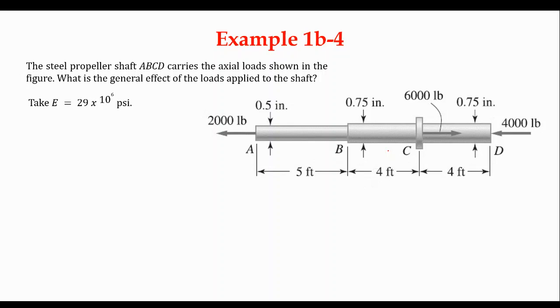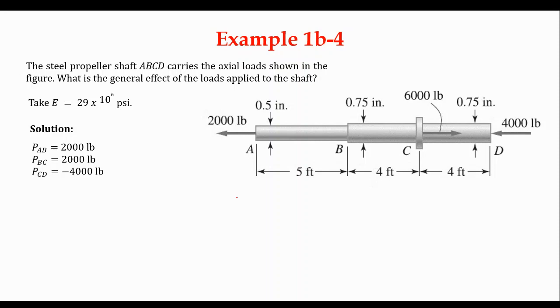Since we are going to solve for deformation, PL over AE, of course we have to determine the force acting per member. I believe we have done this type of example, so you know already how to attack this type of problem in getting the force. The force at AB is 2,000 pounds.